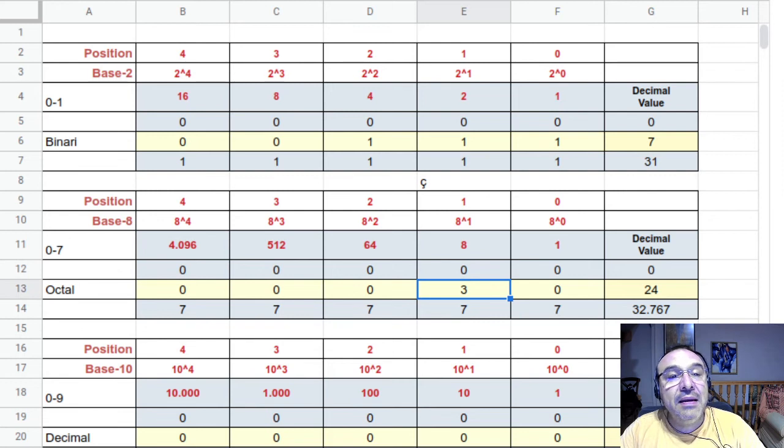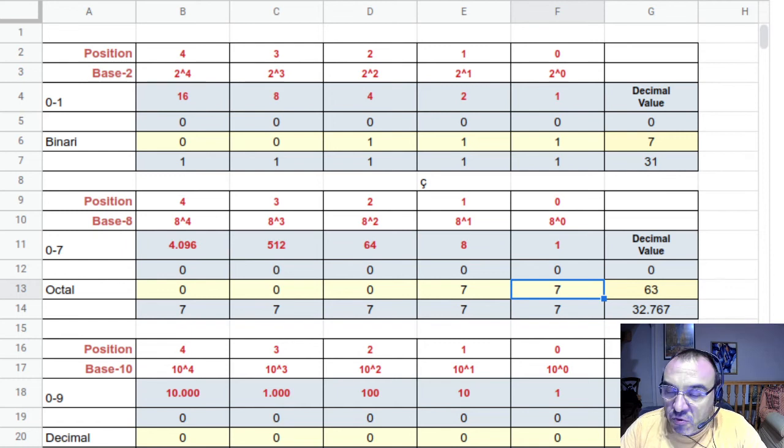If I place here the symbol 7, it will be 7 by 8, so 56, and if I put here the maximum digit, that would be another 7, it's 63. If you want to express the number 64 in base 8, you don't have enough with 2 digits.